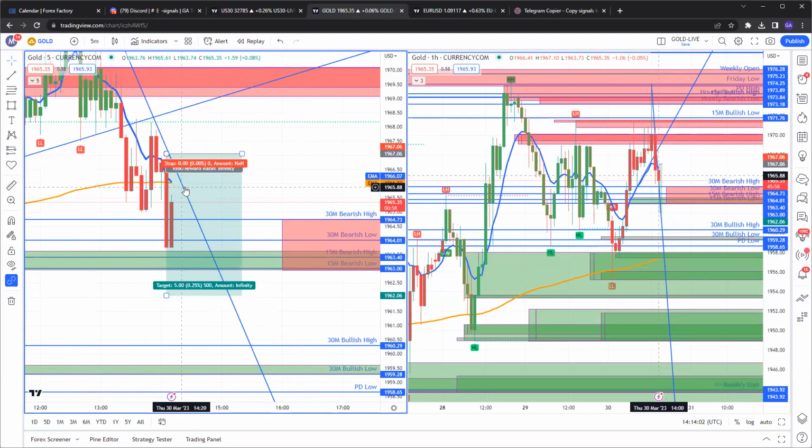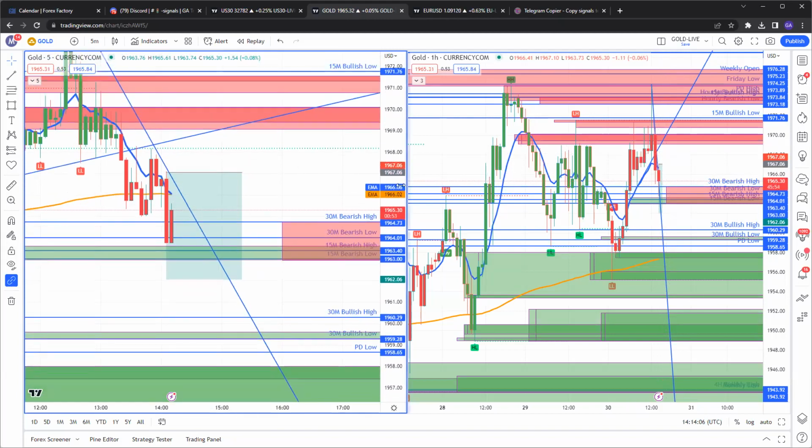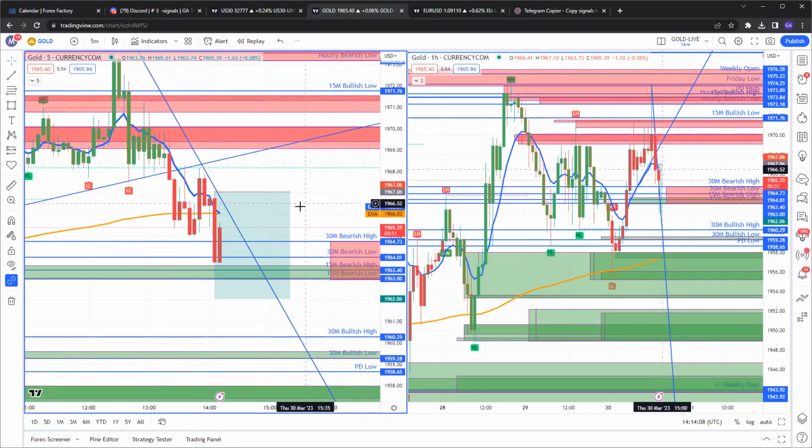So here we got in, this was a sniper entry because we anticipated it coming, and we used our trend line to enter that sell. But after the fact, after this death cross or golden cross forms, you can always wait for it to actually form, and then normally you get a retest of either the 9 EMA or the 200 DMA. And at that point, you can enter your sell.